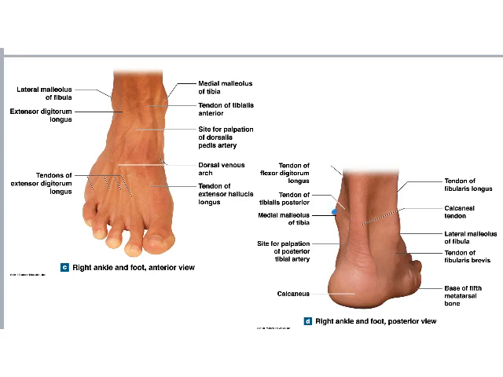Medial and lateral malleolus and calcaneal tendon, or the Achilles tendon. There's not really too much else there that you have to worry about. We will talk about the dorsalis pedis pulse when we get to the circulatory system, and that's going to be in this area on the dorsum of the foot. There's an artery that comes close enough to the surface that you can feel it for a pulse as well.